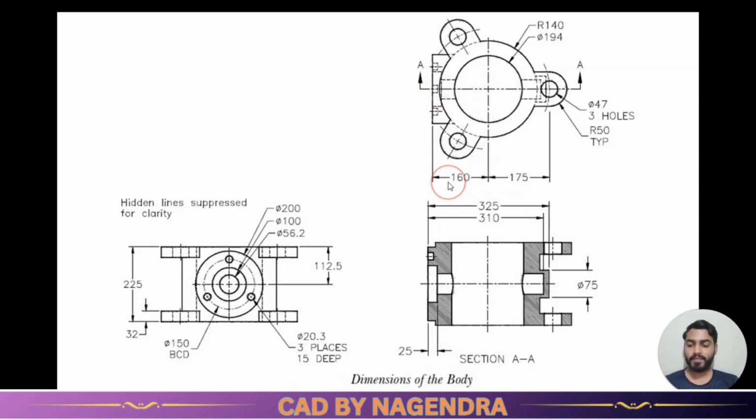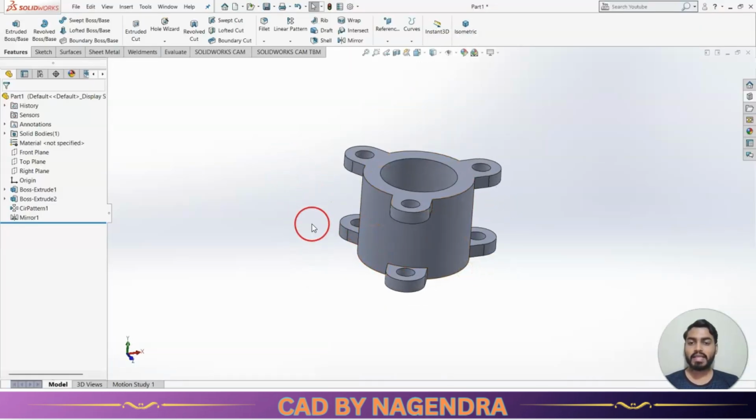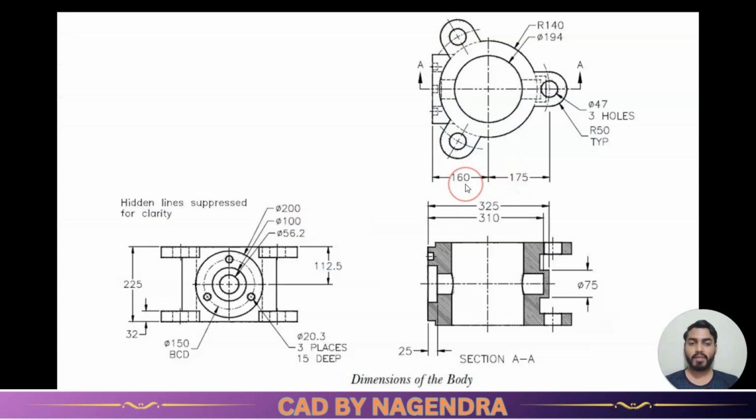For that, we don't have any proper support to draw a sketch at a distance of 160. Here two methods we can use. The first method is, whatever this profile is with the circle shape, you can draw that circle exactly on this center and make this extruded boss of 160. At the end we can create this hole. That is one method.